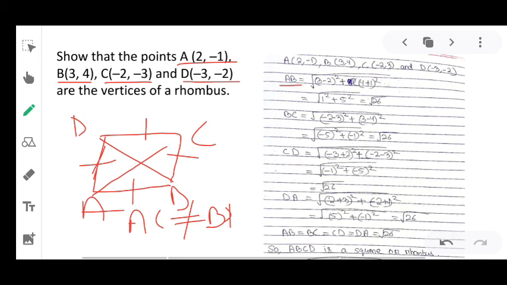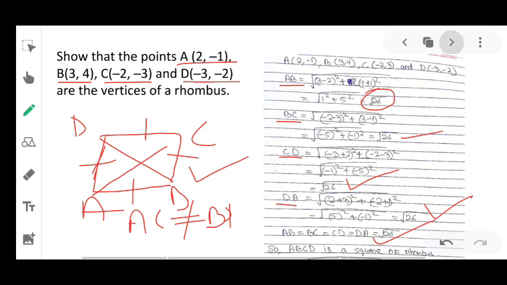Okay, so find out the value of all those sides. That means AB, BC, CD and DA. Okay, so when you find AB, it will be root 26, and BC is also root 26, CD is also root 26 and DA is also root 26. That means all sides are equal. Okay, so if all sides are equal, it can be a rhombus or it can be a square.